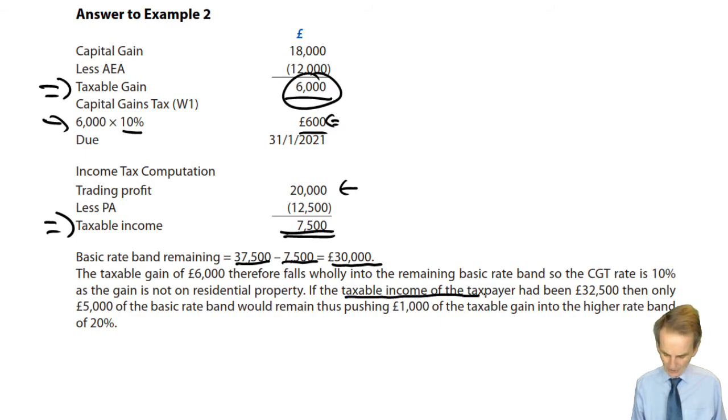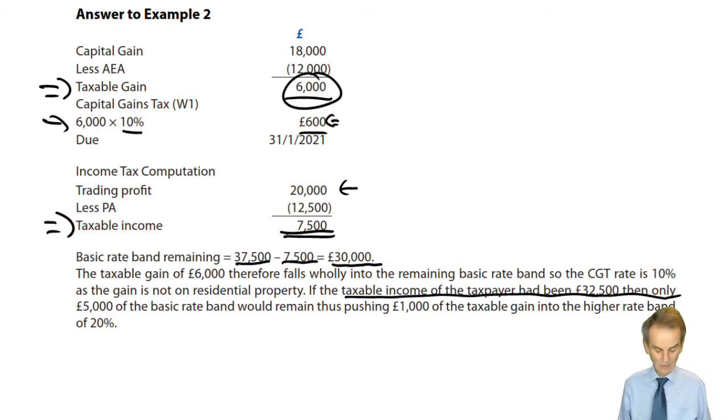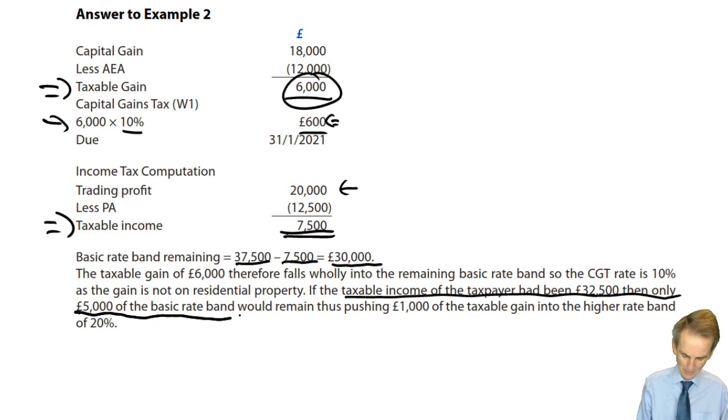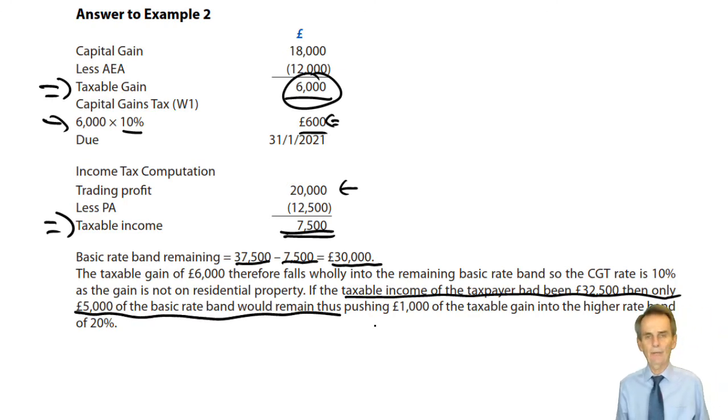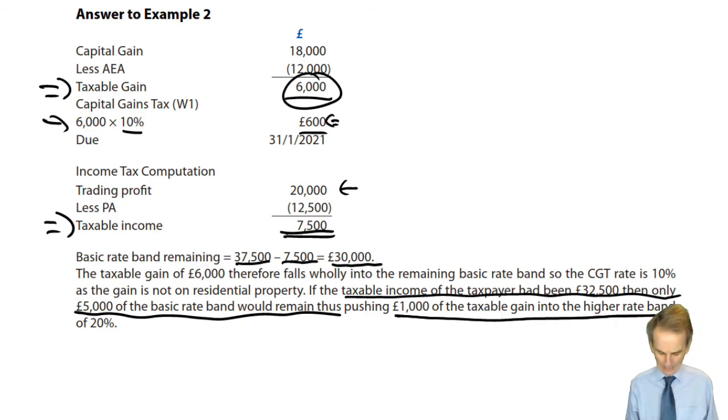If the taxable income of the taxpayer had been 32,500, in that case, only 5,000 of the basic rate band would remain, taking you up to the £37,500 of normal basic rate band taxable income. If we'd only got 5,000 left and 6,000 of gains, that's going to push 1,000 of the taxable gains into the higher rate band of 20%.